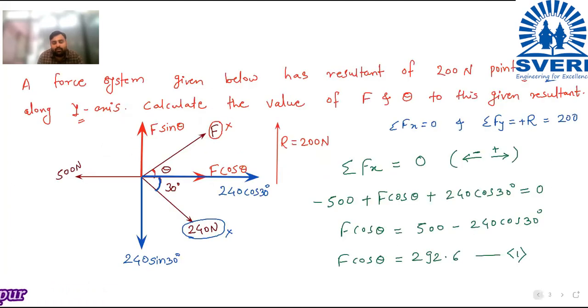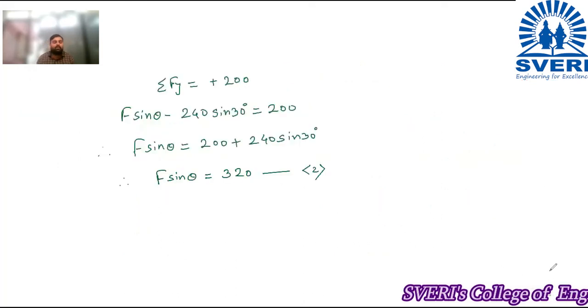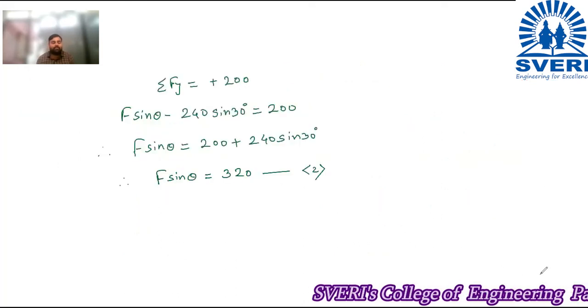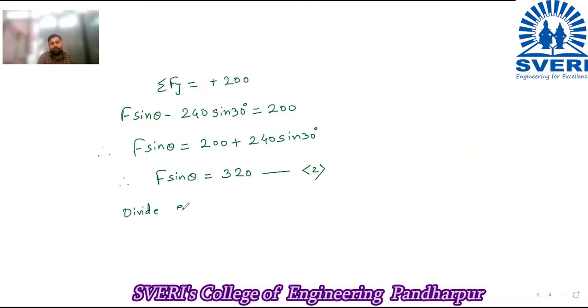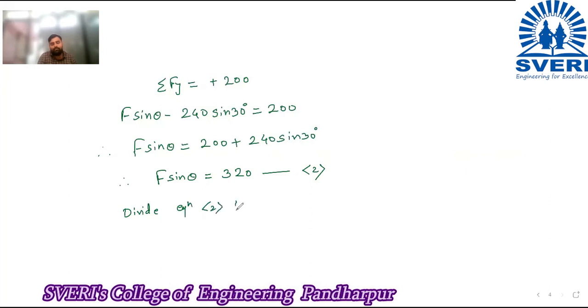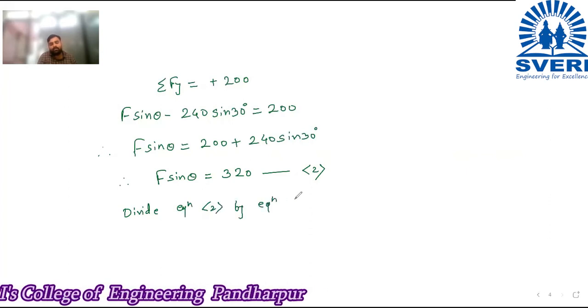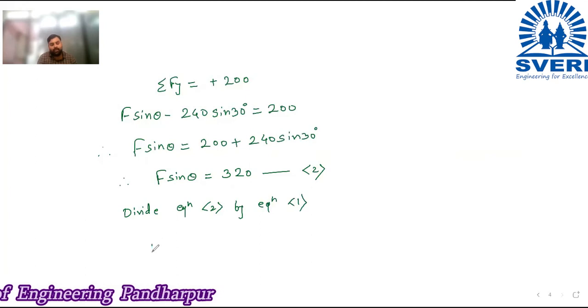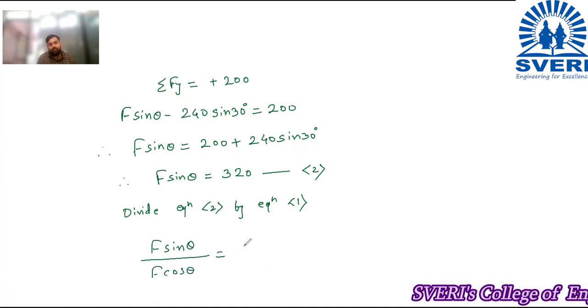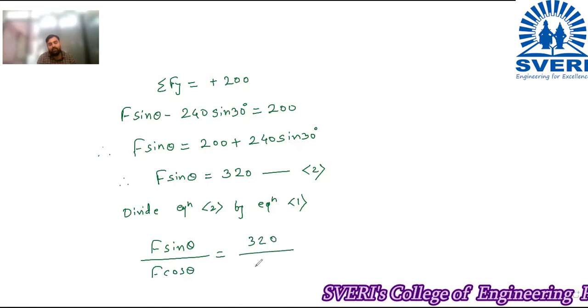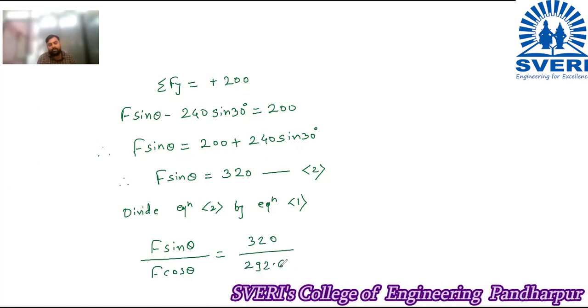So now here we are having two equations, F cos theta and F sin theta. So what we will do, we will divide equation 2 by equation 1. So if you divide, then it will be F sin theta LHS divided by LHS F cos theta, which is equal to RHS 320 divided by RHS 292.6.